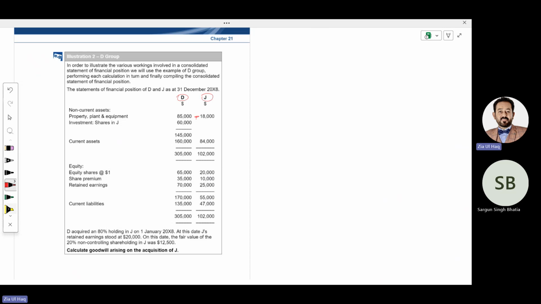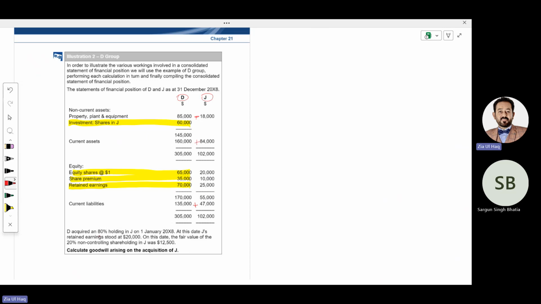Investment in shares, instead of this figure, we will record goodwill. Current assets, we will add them. For share capital, we will record only the subsidiary; for share premium, only the parent company; and retained earnings we need to calculate, adding the profit share of the subsidiary.